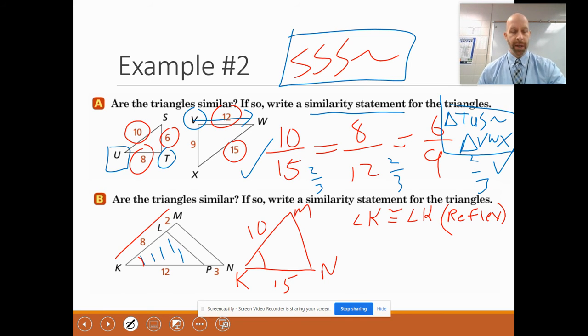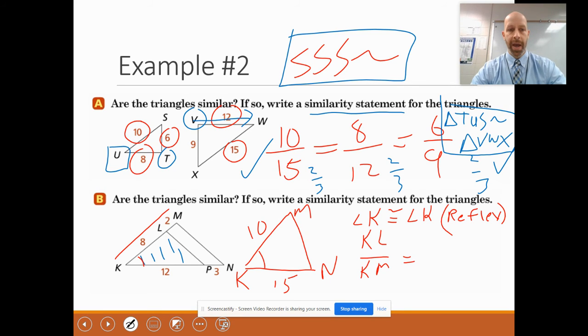Now let's see if our sides are proportional. So we've got to see, is the ratio of KL to KM, so that's this side, the side on the left here. Remember, we're talking about the small triangle, KLP, and the big triangle, KMN.